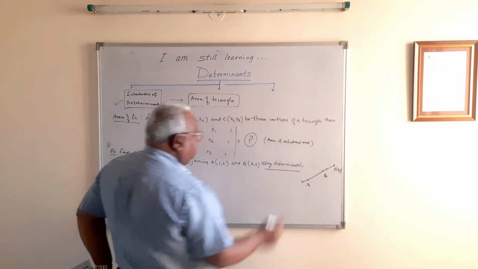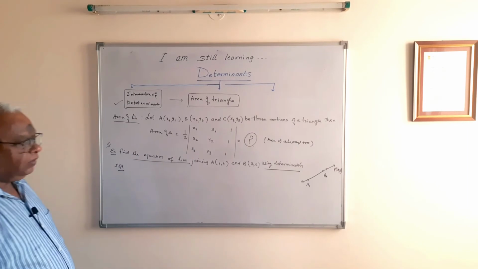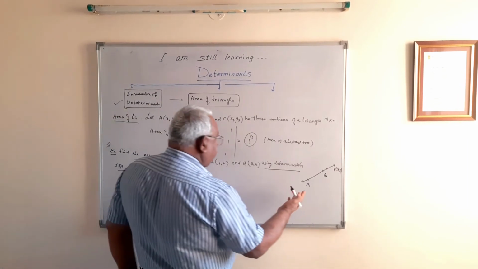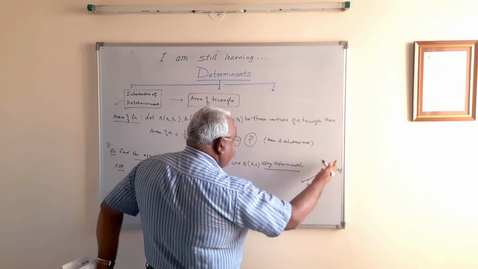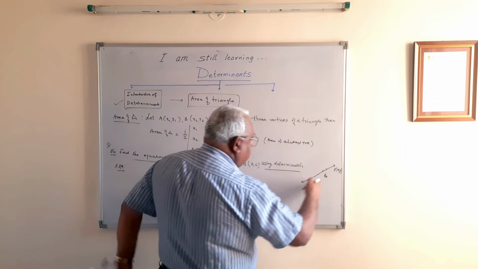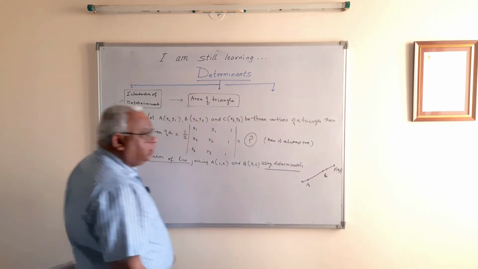I have already given you the hint. What is the hint? That if you have to find the equation of a line, means A, B, P are collinear.